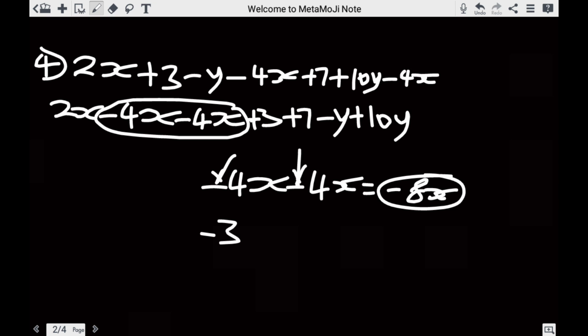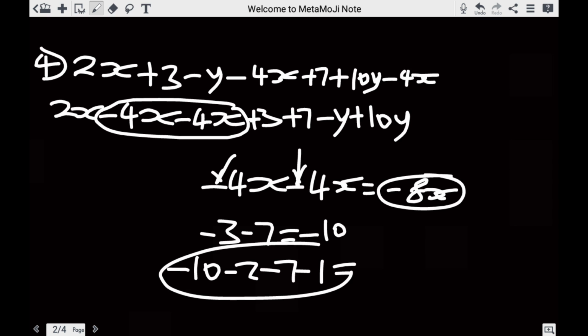So minus 3 minus 7 is what? The two signs are the same, so you choose one among them, write it down, then add the numbers together. 3 and 7 together give 10. So that is why we use minus 10. Minus 2 minus 7 minus 1, how can we do this one?